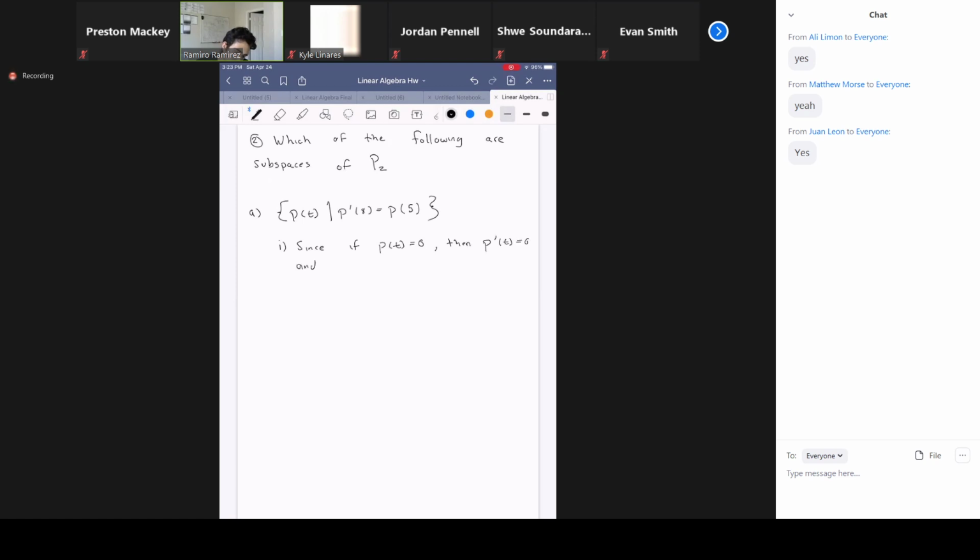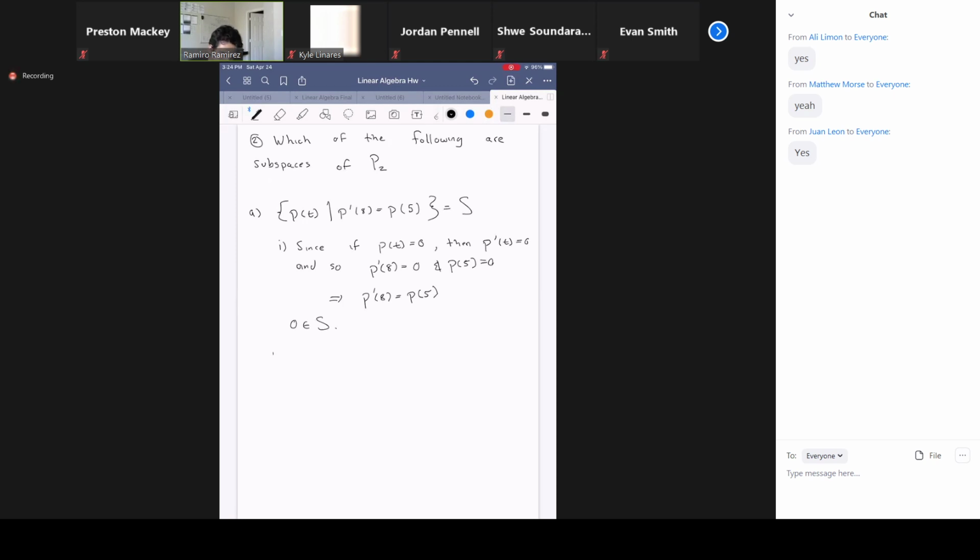And so P prime at 8 is going to equal 0, and P at 5 is definitely going to equal 0. So P prime of 8 is going to equal P of 5. So 0, I'm going to call this S, by the way. So 0 is definitely in S. Okay, so it's for sure in there.